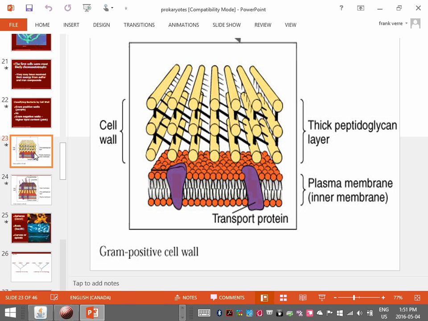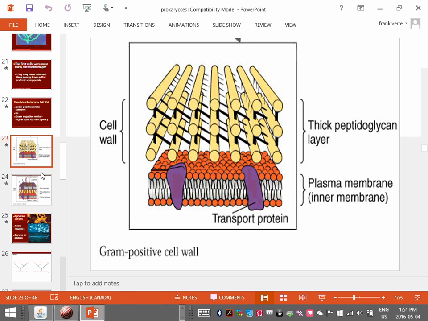Here's the thing. The test is pretty simple. You add a chemical called crystal violet, which is purple. If the bacteria is gram-positive, the crystal violet gets in here and gets stuck there. And you're going to be adding alcohol. You guys know that alcohol can remove things, right? You can use it to clean. The alcohol cannot get rid of the crystal violet because this wall is so thick that it protects the dye. So your bacteria ends up staying purple.